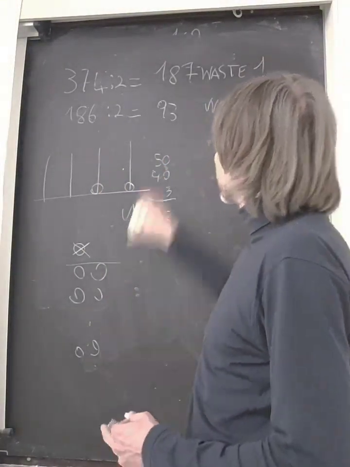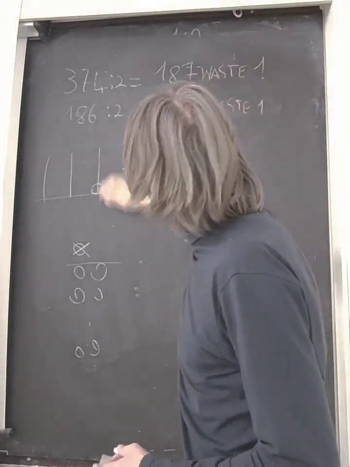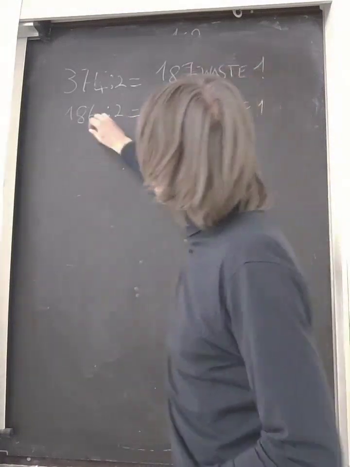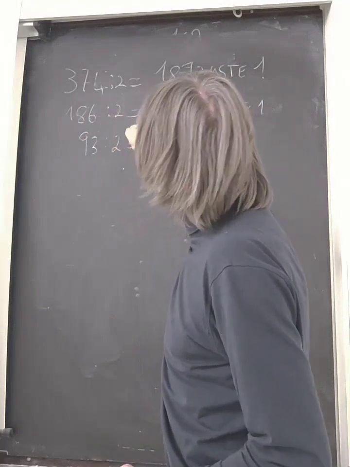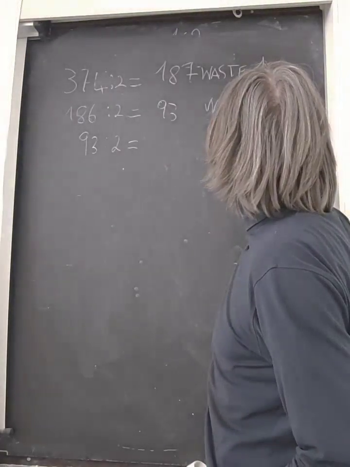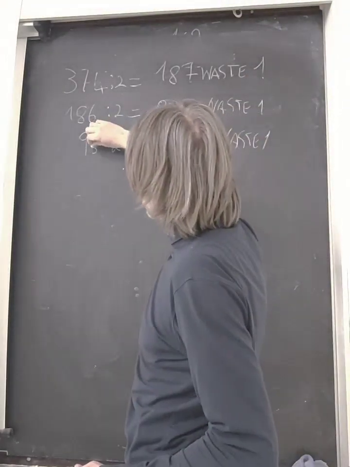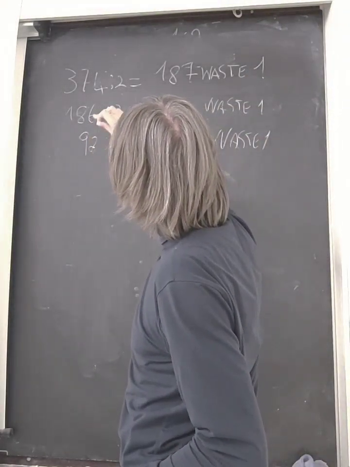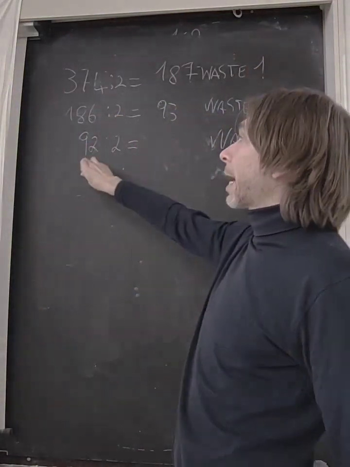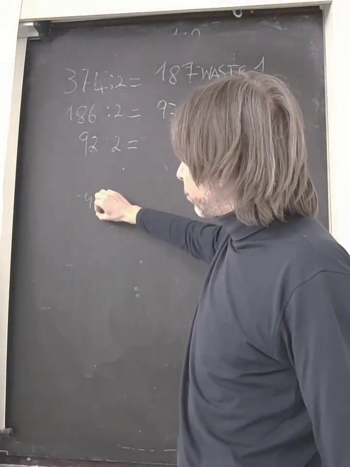And I go on. 93 again is odd. I take off the waste because it is odd, and so here I will have 92. 92 divided by 2, how much is it? 90 divided by 2 is 45. 2 divided by 2 is 1.